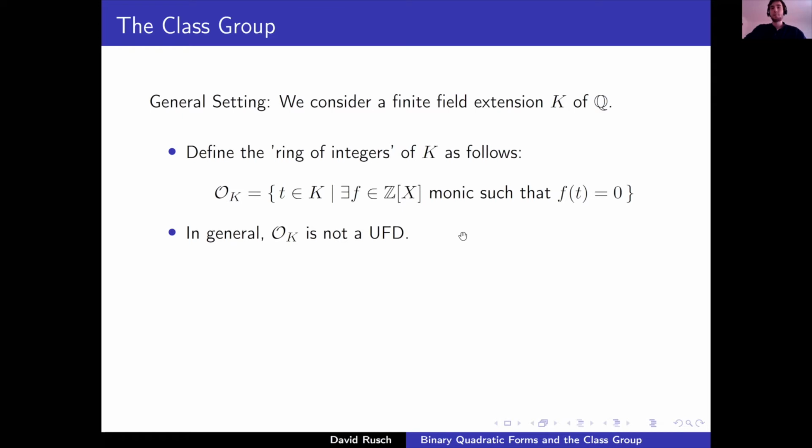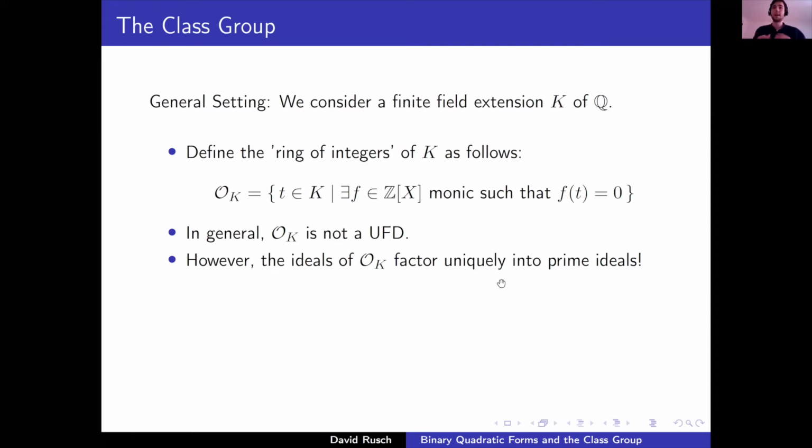But what we can say about this ring, this is very valuable, is that the ideals in this ring factor uniquely into prime ideals. So this really motivates to consider ideals in this ring instead of elements. And what you can ask yourself is now, how many non-principal ideals are in this ring?